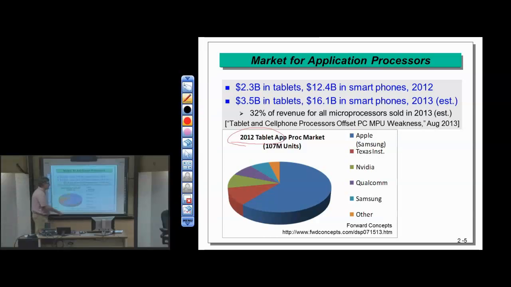Okay, you're right. Who else makes processors for Apple tablets? Doesn't Apple make them too? Apple makes them. They have a design center here in Austin as well, when they bought Intrinsity. So there are multiple vendors, so maybe that should be more inclusive.